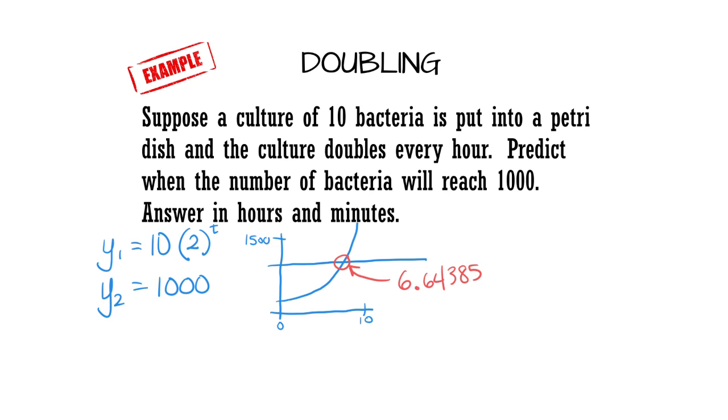So I sort of need this full value again. And I don't know if you knew this or not, but you can actually salvage this number from a graph back over to your home screen. So if you right now are looking down here and it's saying X equals this 6.64 number and it says Y equals 1,000, right here at this stage, if you just do a quick second quit, it will take you back to your home screen.